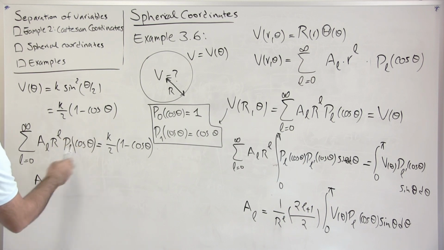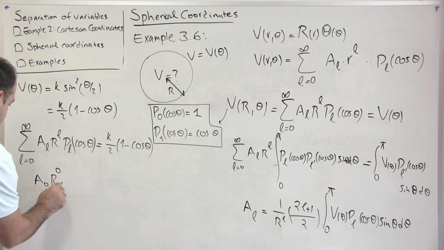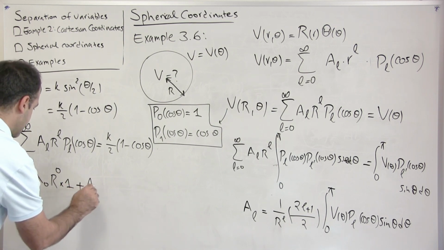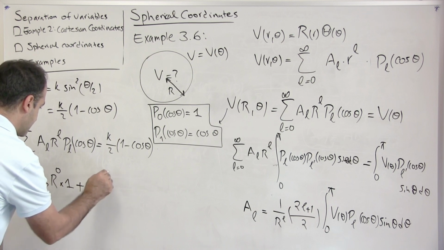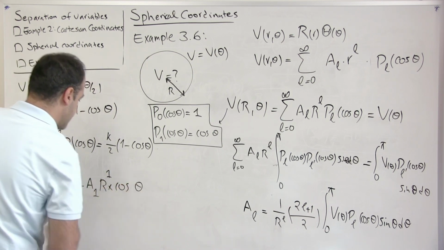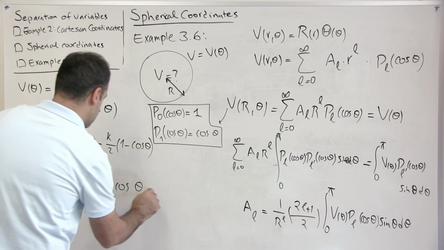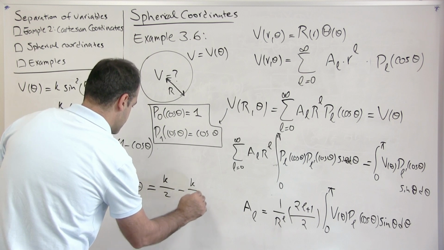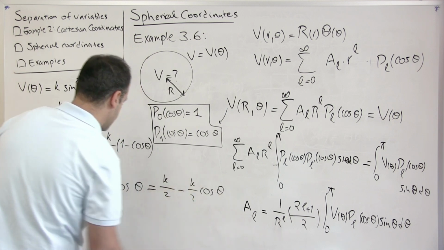The zeroth order is just 1 times 1, plus the order number 1 is A1 r to the power of 1 times cosine theta. And that is equal to k/2 minus k/2 cosine theta.